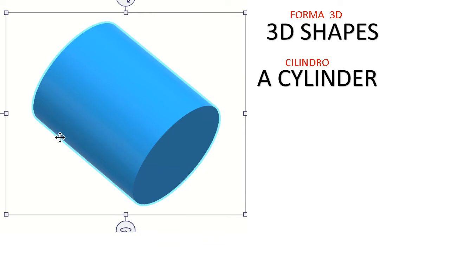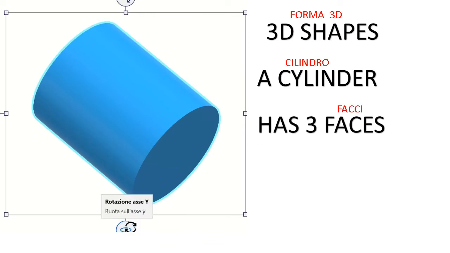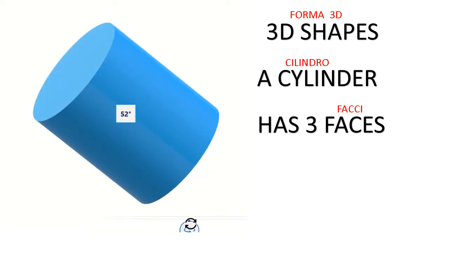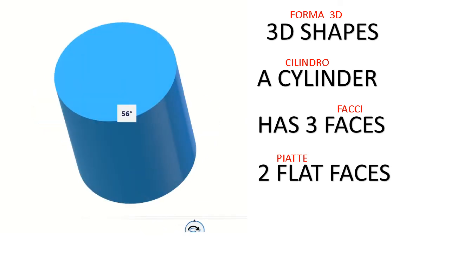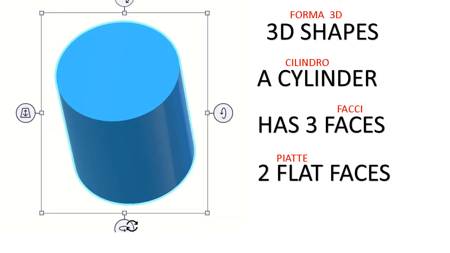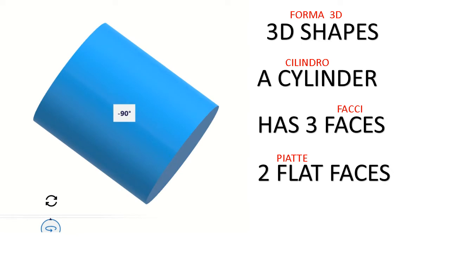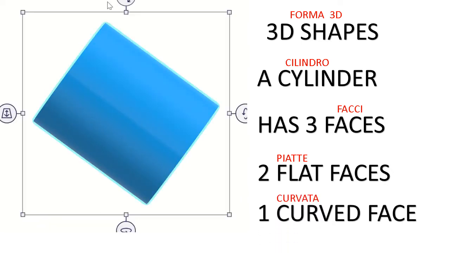A cylinder has three faces. A flat face on the bottom, a curved face that goes around, and another flat face at the top. Remember, this is a circle, but it is flat. As you can see, this is flat and this is flat.